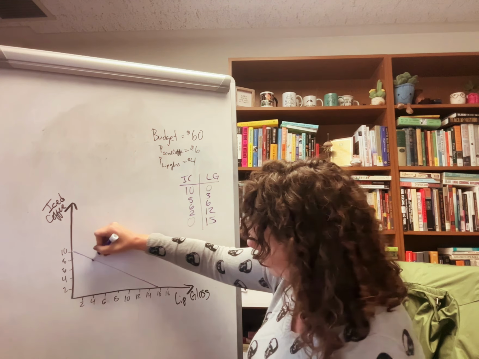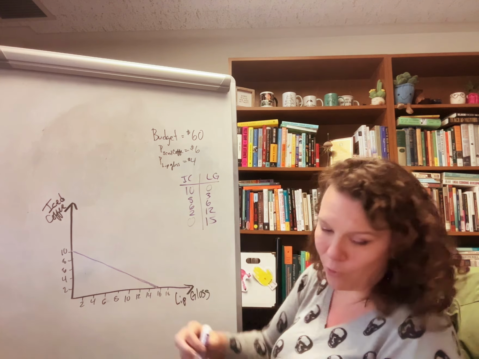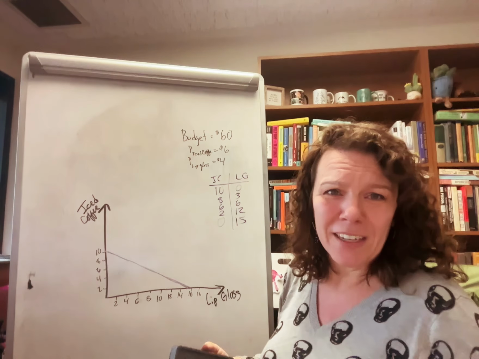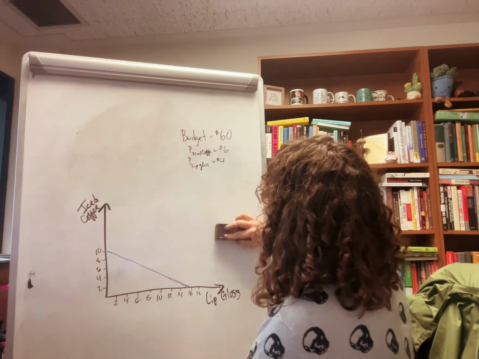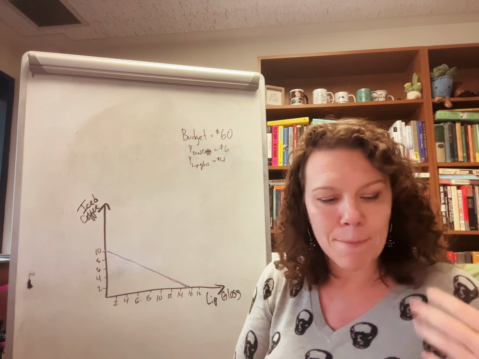And the idea here is that any point along this budget constraint is affordable. Any point below it is affordable, but we wouldn't want to be there because we want as much as we can get. We want to maximize our utility and be as well off as we can. And we can imagine a point that might maximize utility.